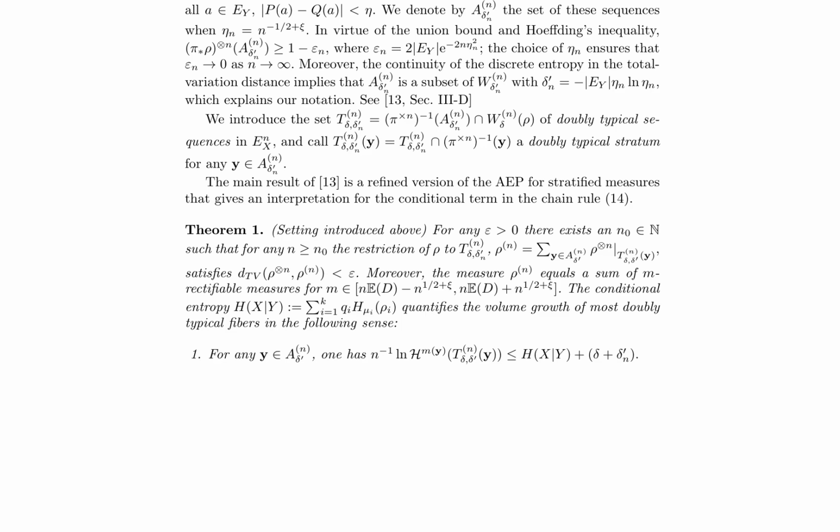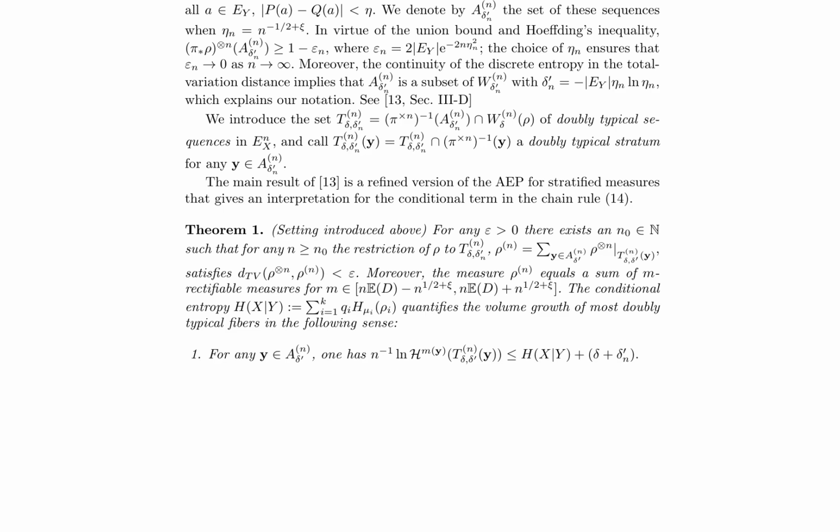This result has implications for understanding entropy behavior in information theory, statistical physics, and machine learning. The refined AEP and doubly typical sequences provide a more precise understanding of the structure of measures on product spaces. This work contributes to the advancement of information theory and its applications in various fields, offering a powerful tool for analyzing complex systems.